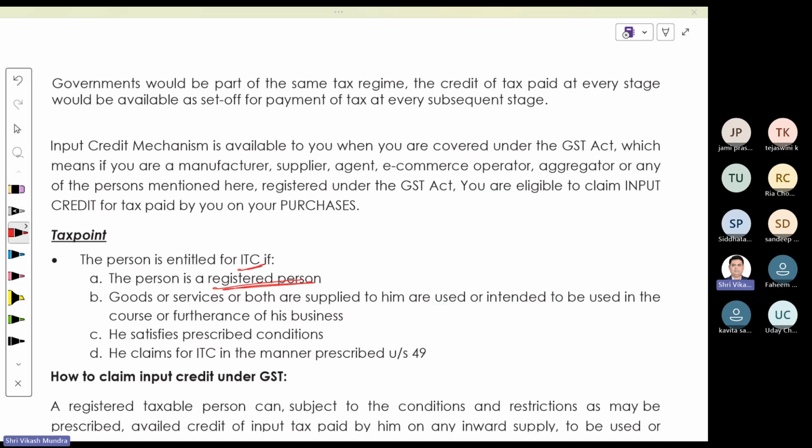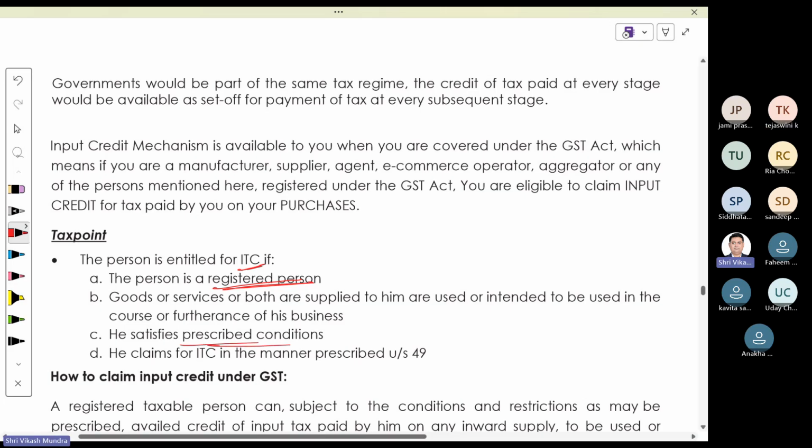Number three, that person is required to fulfill certain more conditions, which we will discuss, and that ITC should be claimed in the manner prescribed under section 49.